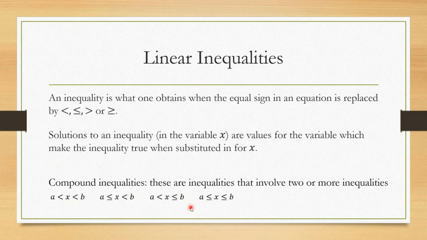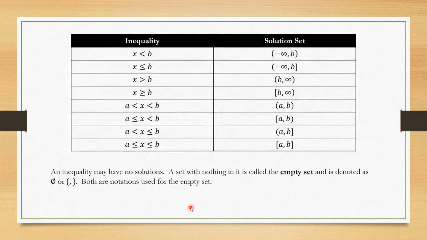That's all. So inequalities, like equations, can be true or false. And they can also have solutions. And they can also have solution sets. And this is what their solution sets are depending on the inequality.